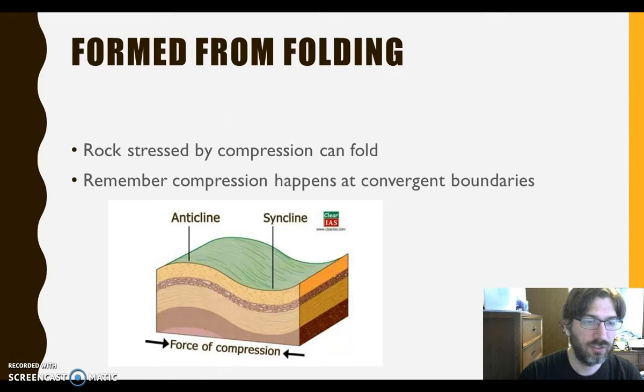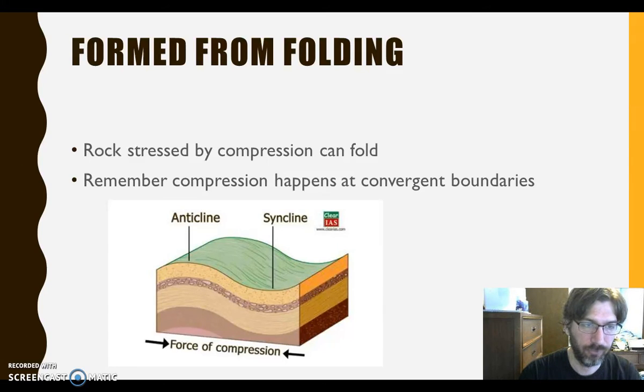You also get mountains formed by folding. So in this case, we have compression forces. This one's pretty easy to understand. If you've ever scuffed your foot across a rug or something, you get that little bulge in the rug. That's exactly what's happening with our convergent boundaries in our plates here.